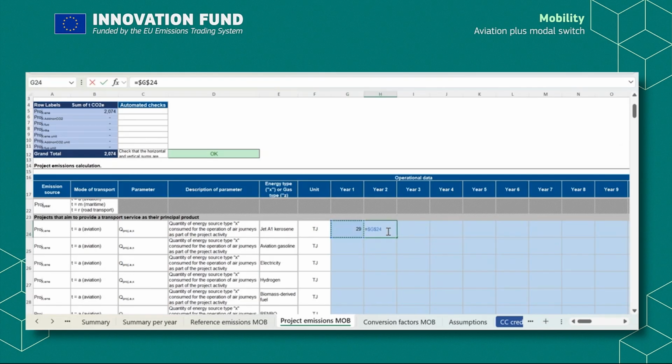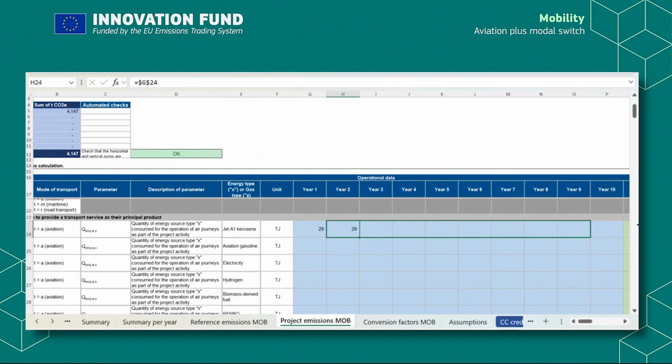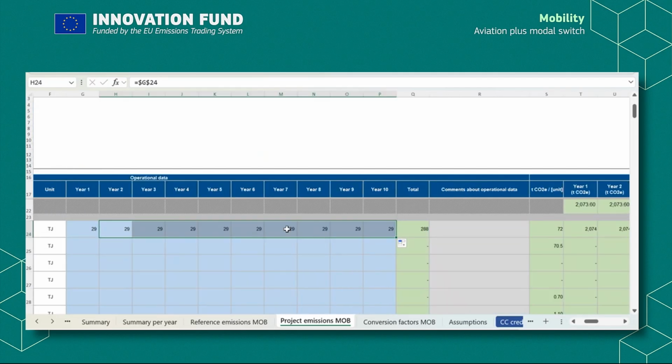In this example, I will assume these operational characteristics will not change over the years, so we'll replicate this value for the other years.